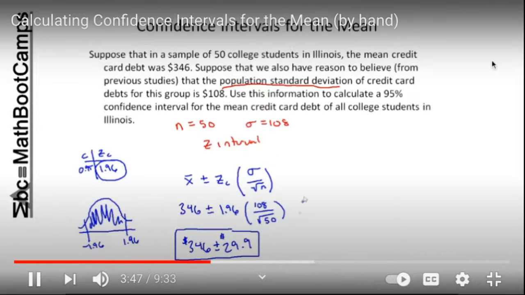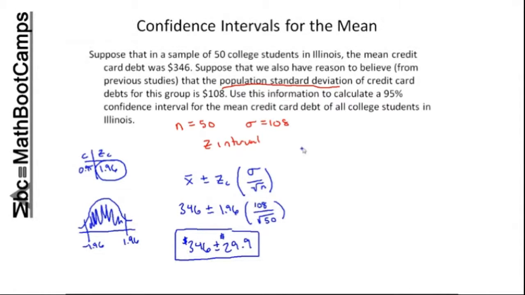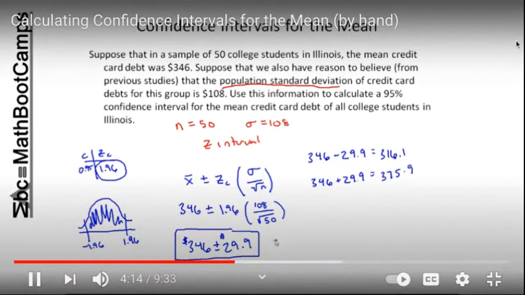You actually do these operations, so I'll get two endpoints. The other way I could write this is I take 346 minus 29.9 and 346 plus 29.9, and I end up with two values that are the endpoints of my confidence interval. When I add, I get 375.9, and when I subtract, I get 316.1.